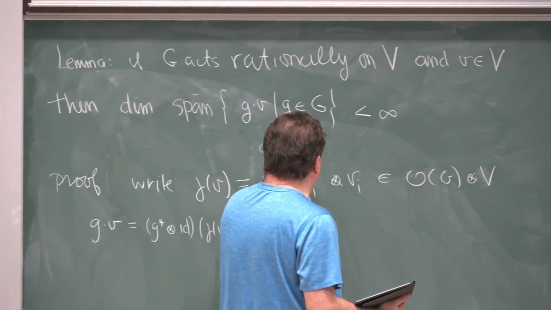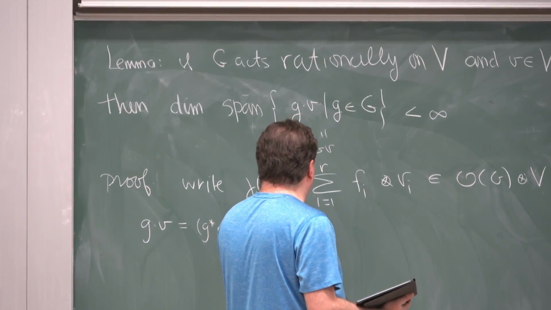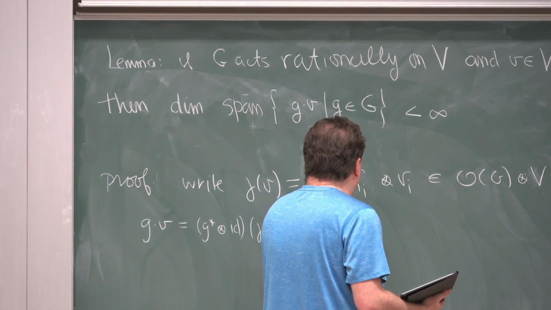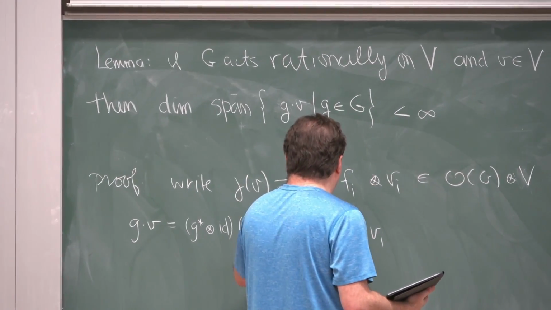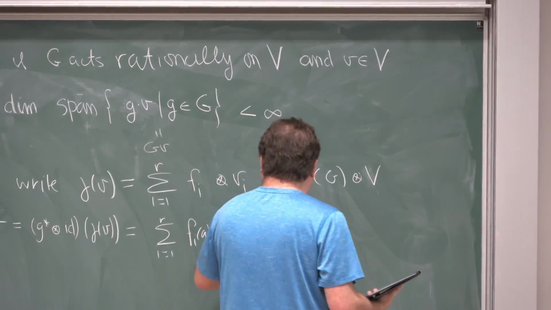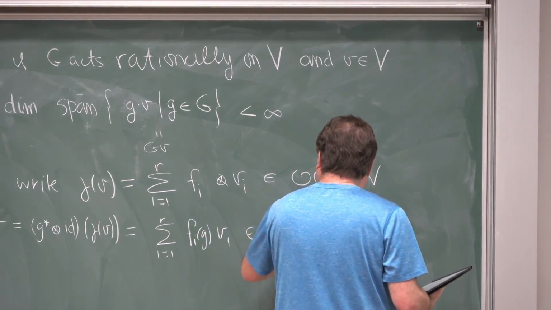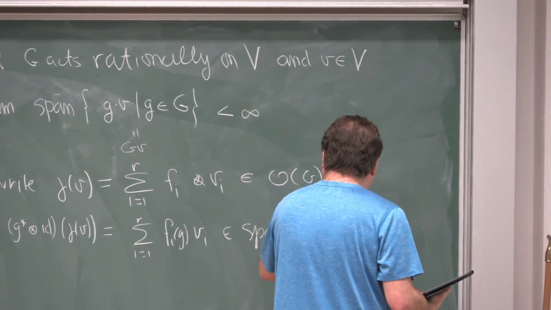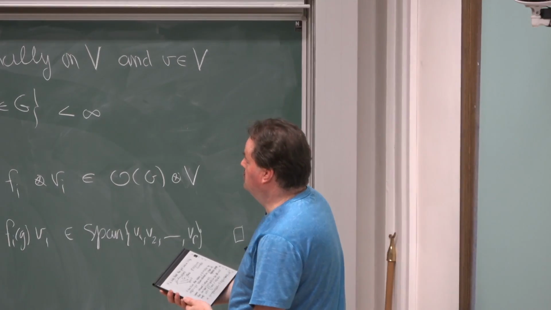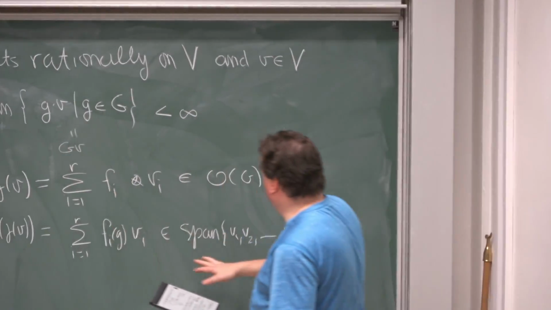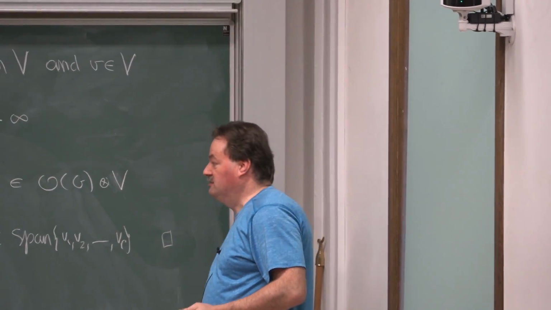And that just means evaluate this f_i at g. So this is just a sum f_i(g) v_i. And this clearly lies in the span of v_1, v_2, ..., v_r. So this whole span is contained in this finite dimensional vector space.